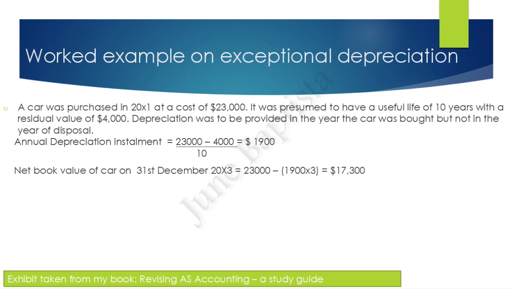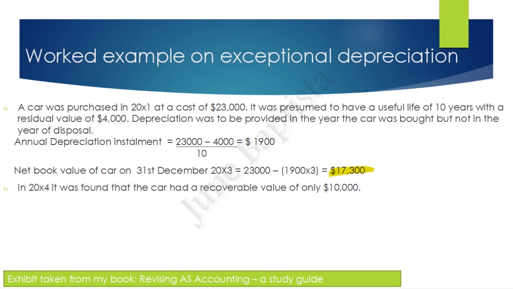Continuing with the example, in 20x4, it was found that the car had a recoverable value of only $10,000. This asset is therefore impaired, as the net book value, $17,300, is much more than its carrying amount or recoverable value, $10,000.